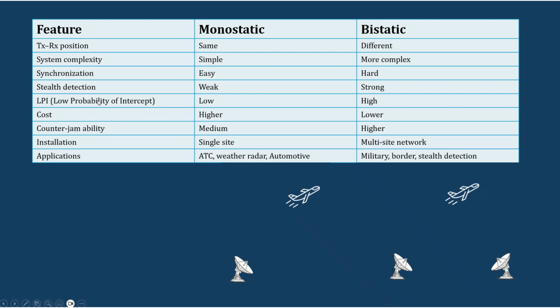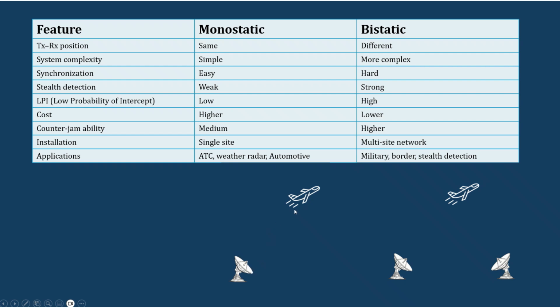And next is low probability of intercept. Probability of intercept actually means that if we have some technologies inside this target, and if some wave from the radar is hitting the target, this target can get an indication about where our radar is located, right?